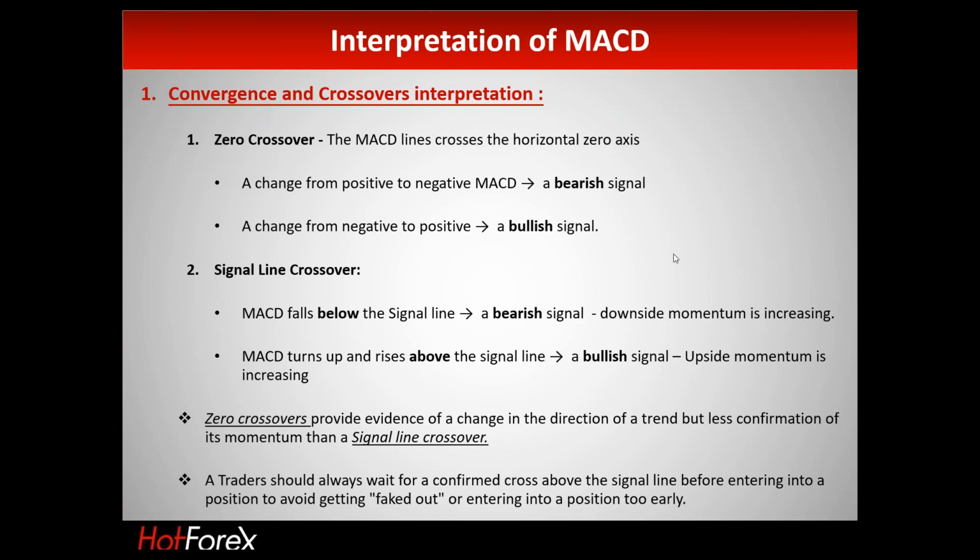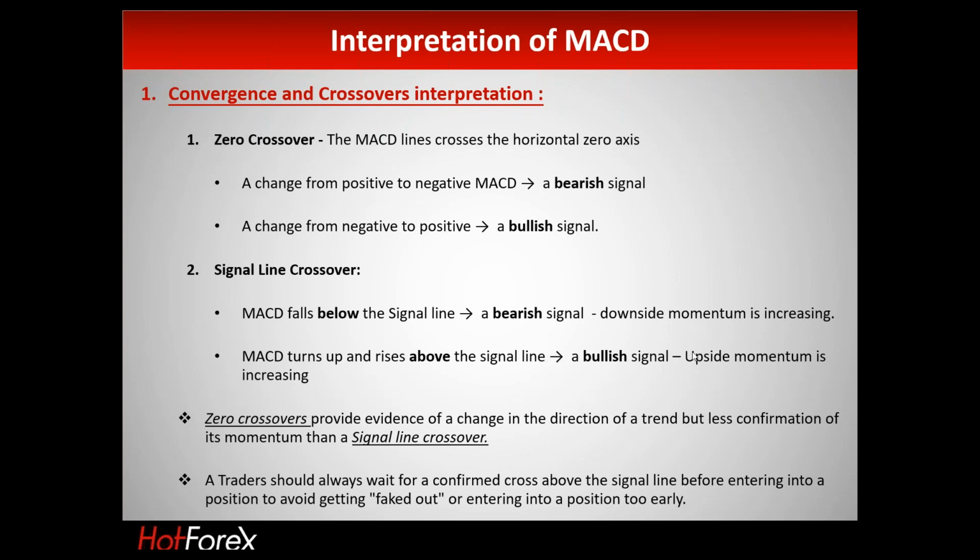So by falling below the signal line, it simply tells us that downside momentum is increasing. So we have a bearish signal. If MACD turns up and rises above the red line, above the signal line, that's a bullish signal. So we have upside momentum increasing.